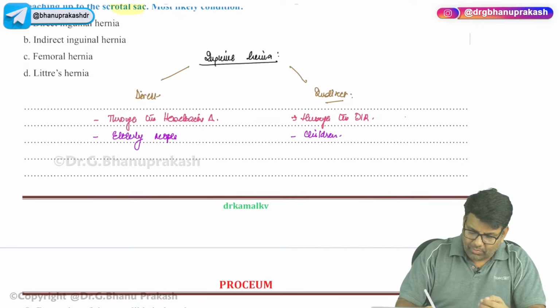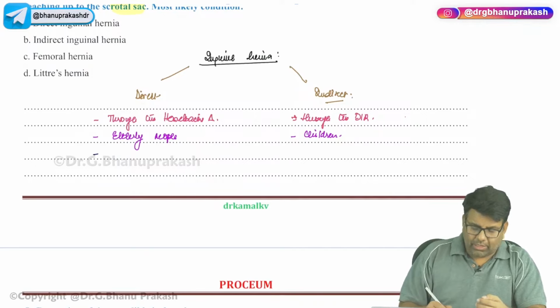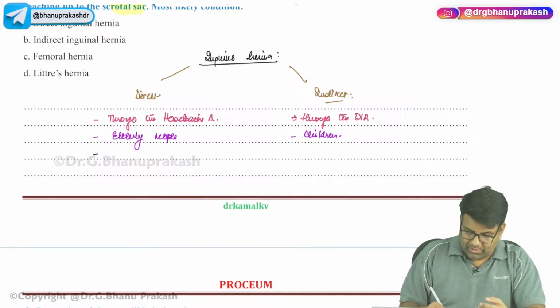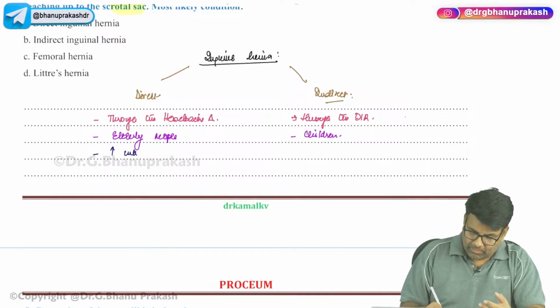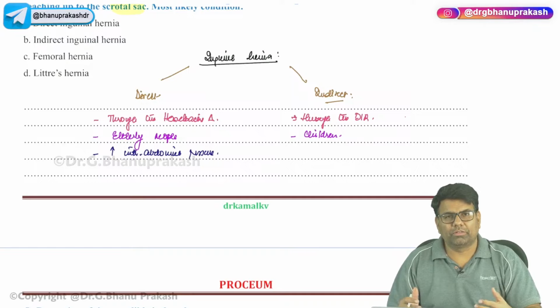Third, direct inguinal hernia is seen in persons who are doing some activities which increase intra-abdominal pressure, like laborers, weightlifters, or persons with chronic cough or some other condition which increases intra-abdominal pressure.